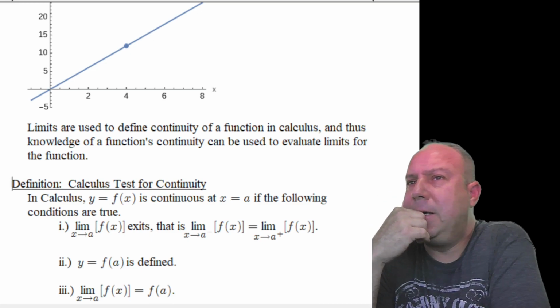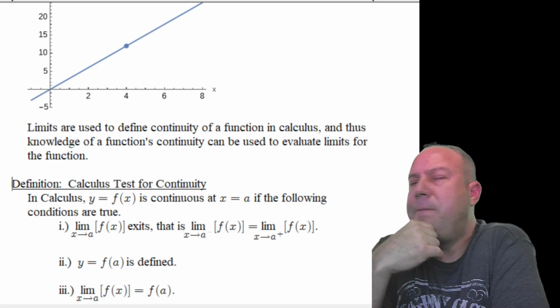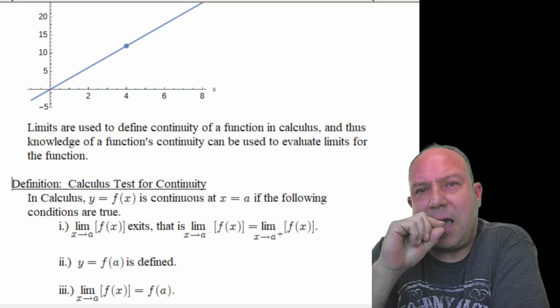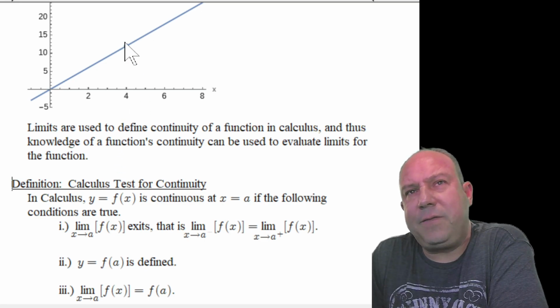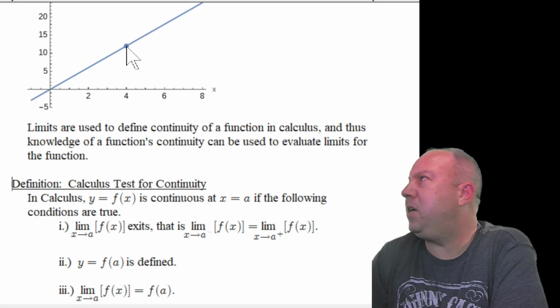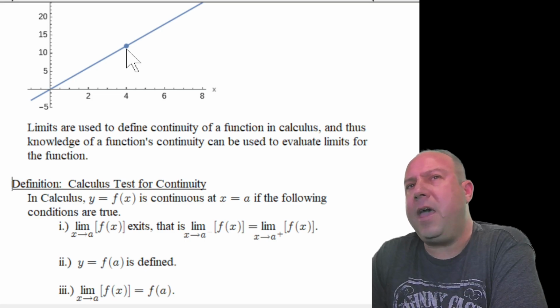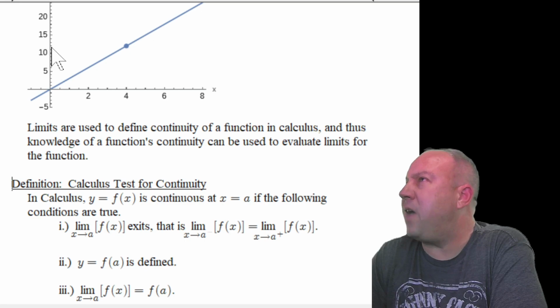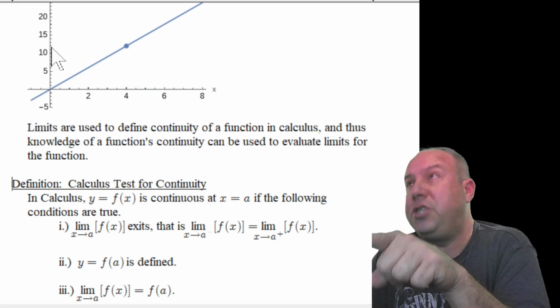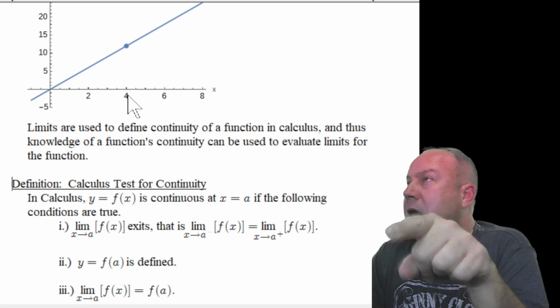What we see now in calculus is a calculus understanding for continuity. It tells me that if I happen to be continuous at this location right here, then the value of the limit approaching this location along my x-axis must be equal to the dependent value of the function at that location.